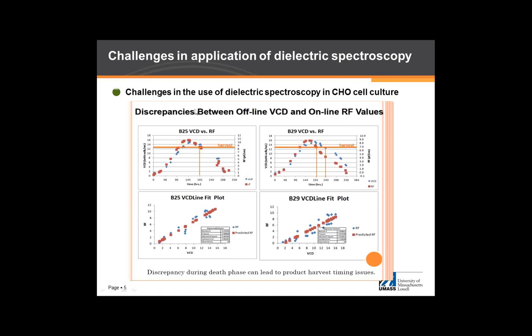As you see, beyond the plateauing period and in the declining phase of the cells, the deviations between the real-time estimation and the offline values start to become significant. This is quite commonly observed by several companies, and there were many conversations and discussions about why this is happening. So this is the main focus of this presentation.